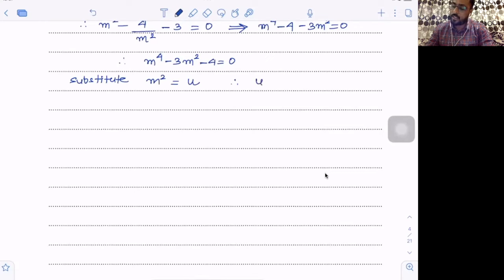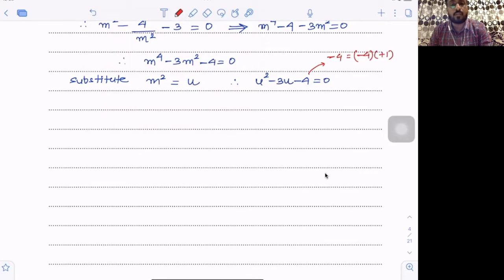So you get u square minus 3u minus 4 equal to 0. Now you can clearly understand that this is a quadratic equation. U square minus 3u minus 4 equal to 0 is a quadratic equation. Minus 4, the last term, can have the factors as minus 4 multiplied with plus 1, right, students?